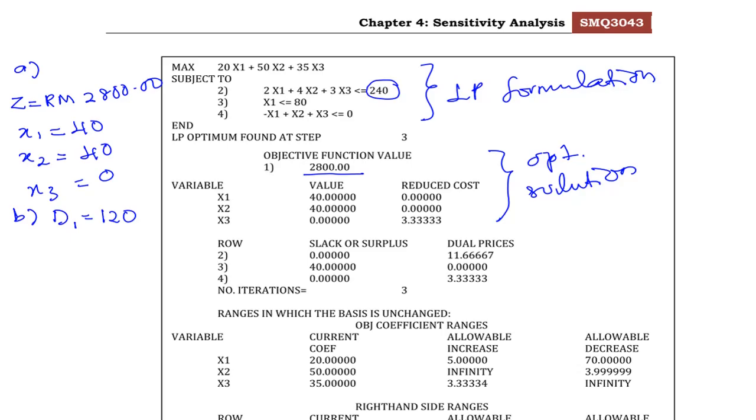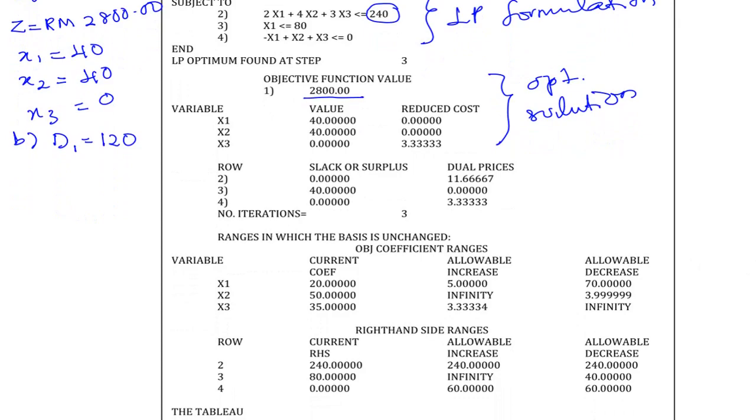You don't need to calculate the range, because we can actually read the range from this output. Since the change is on the right hand side, we need to look at the right hand side range for part B. D1 equals 120.